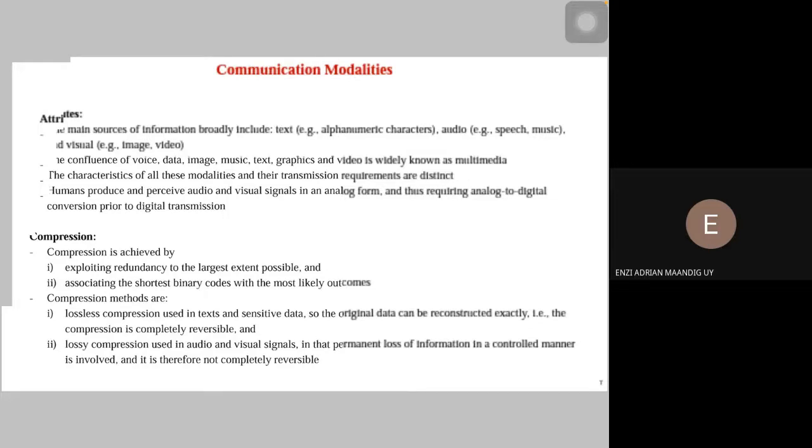So i-compress ang whatever type of data it is, whether text or audio or music, or video baka, to improve efficiency in transmission.